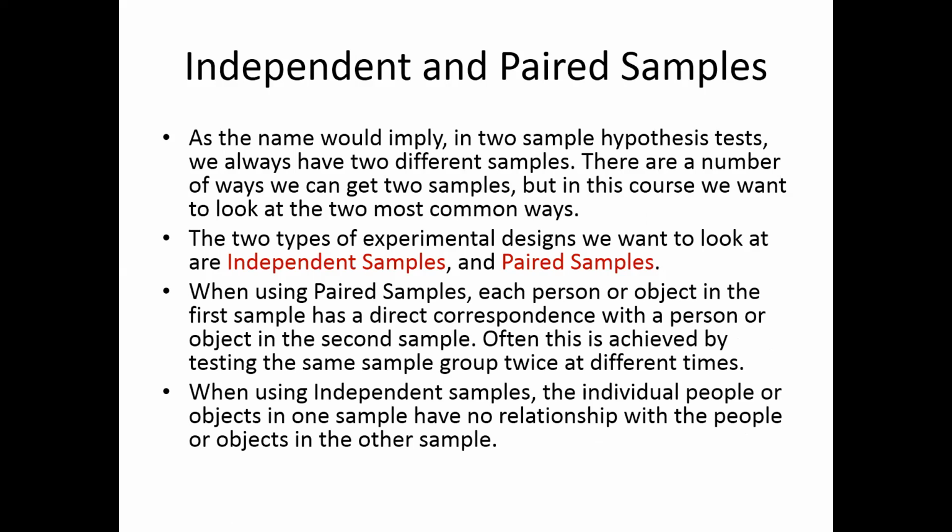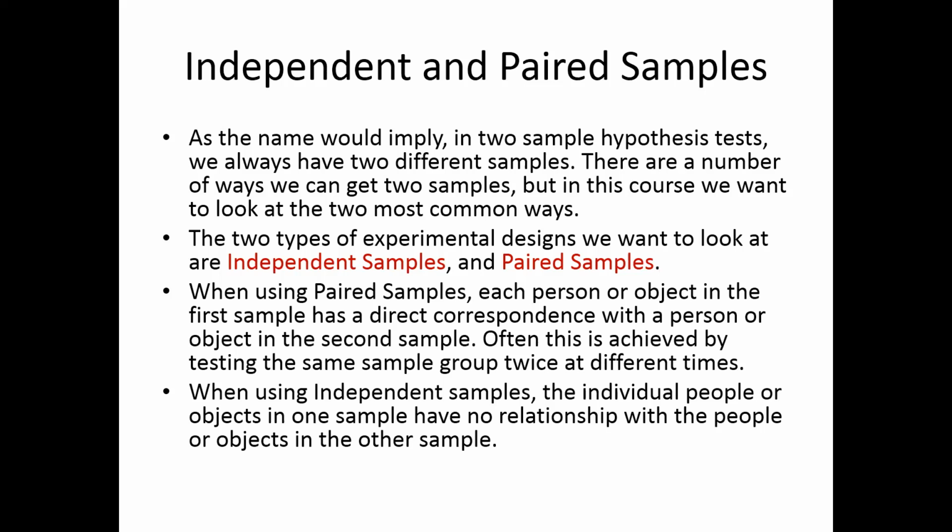Right, so if I want to know, does this blood pressure medication actually reduce blood pressure? What I might do is I might test a person's blood pressure and then give them the medicine, and then test that same person later after the medicine has taken effect and see if their blood pressure went down like it was supposed to.